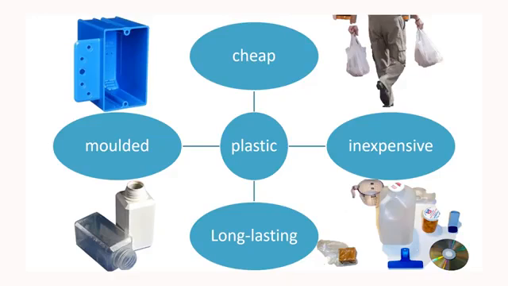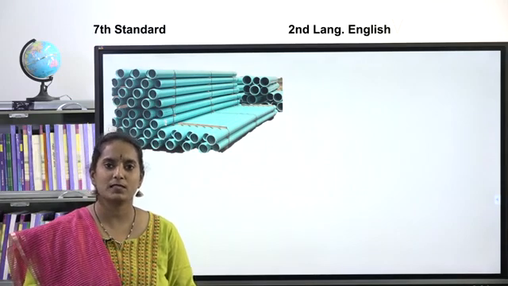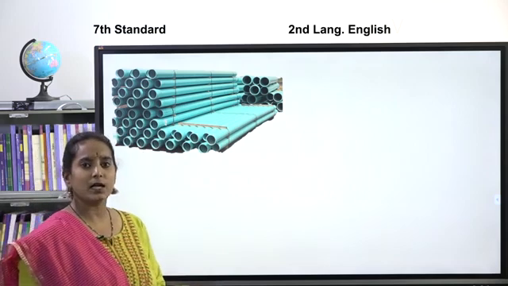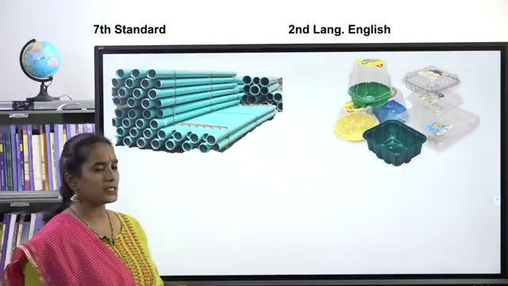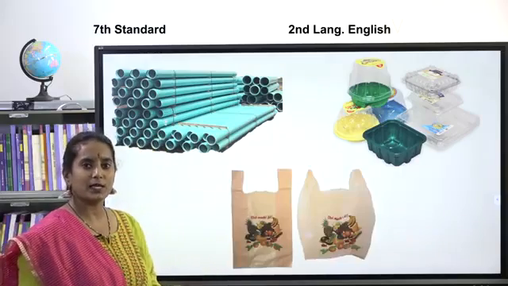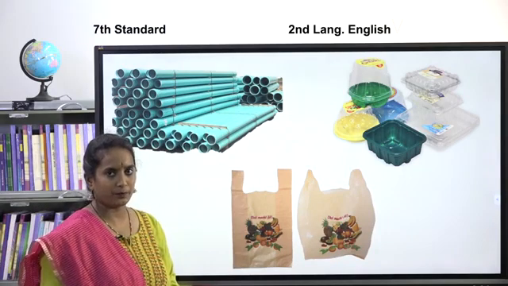It causes many environmental hazards. Different varieties of plastics are manufactured. As you can see in the picture, these are the hard plastic materials. We use plastic for packaging materials. We use plastic to manufacture disposable carry bags.